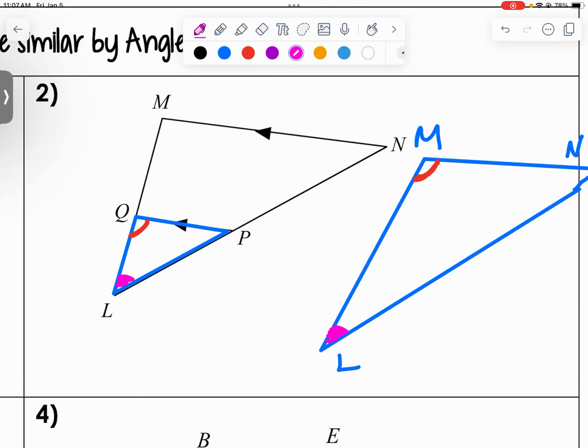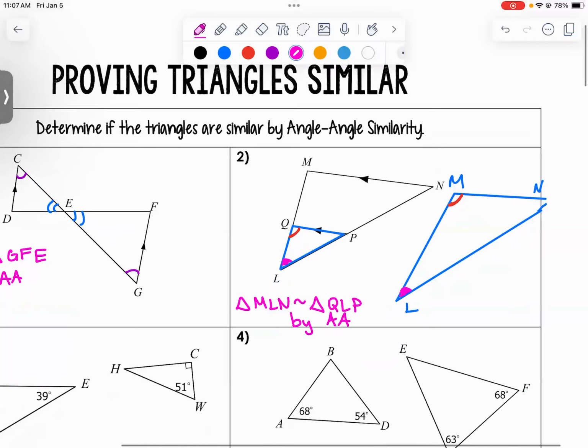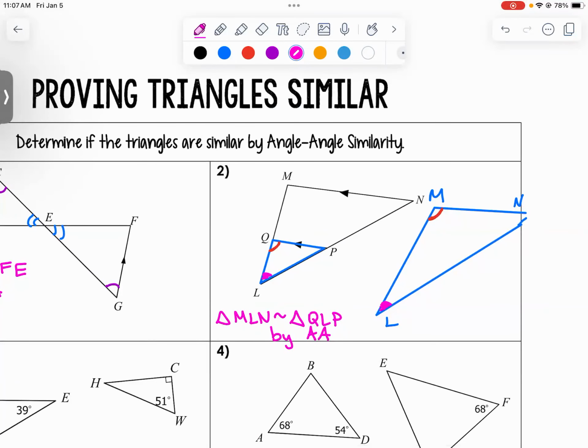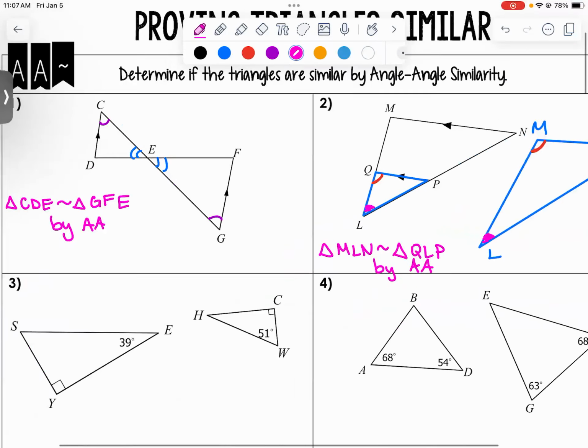So we can say that triangle MLN is similar to triangle QLP by angle. Isn't that nifty? If it helps to draw the big triangle out so you can see that, go for it.